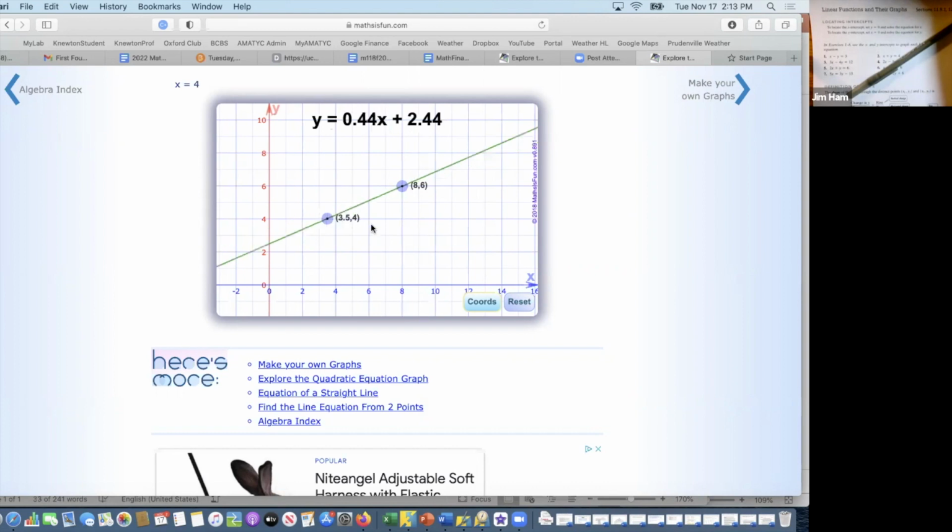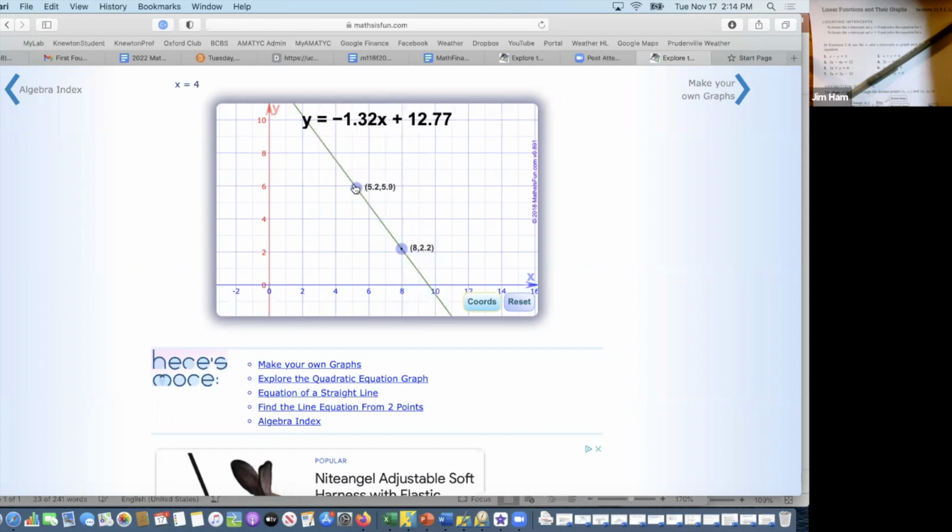If you get a vertical line in here, straight up and down, it's hard to get it there exactly. There we go. As soon as the x coordinates match, 8, 6 and 8, 2.2, you have a vertical line here, and then you see the equation there.